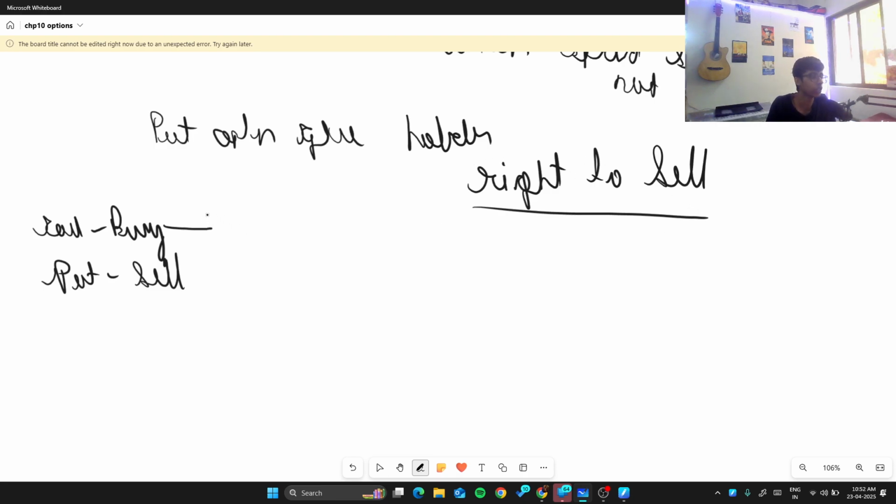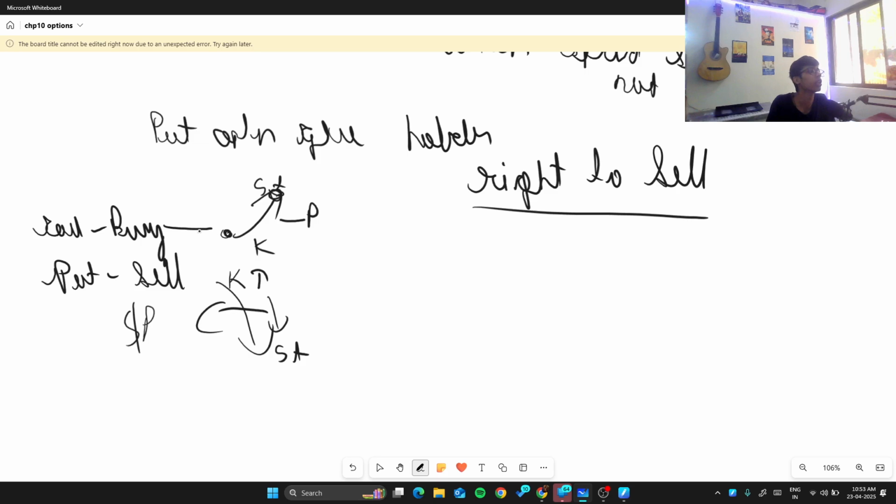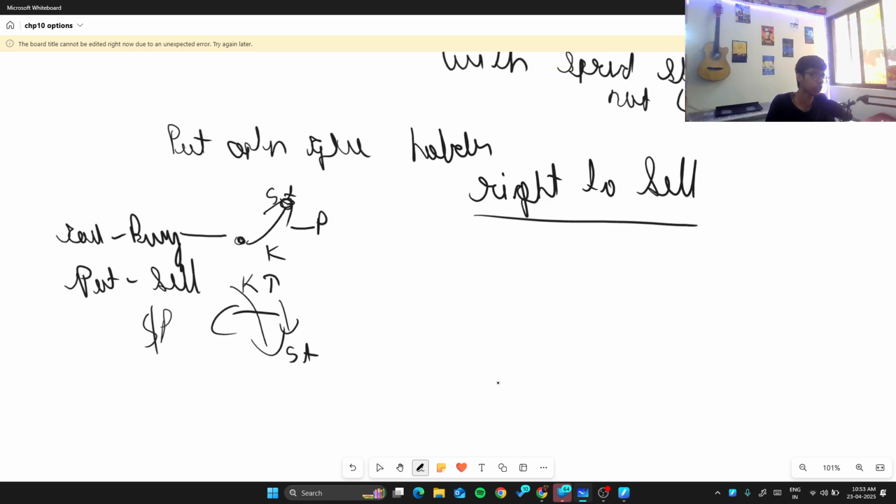So in a call we earn money if the spot price is more than the strike price, and in put, we speculate that the market will go down and we will earn money if the market goes down, right? If K is bigger than ST, this difference is a profit for put, and the other is a profit for call, right? It's so simple.